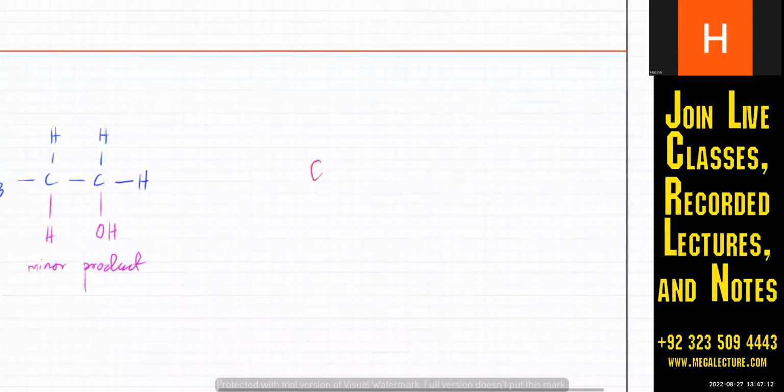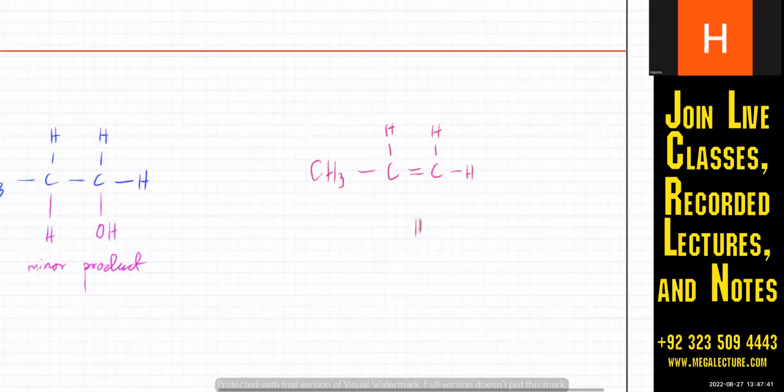When you have an unsymmetric alkene and there is electrophilic addition, water was getting added, right? Let's say HBr gets added.